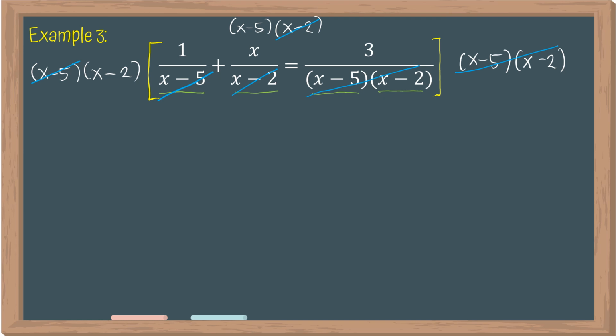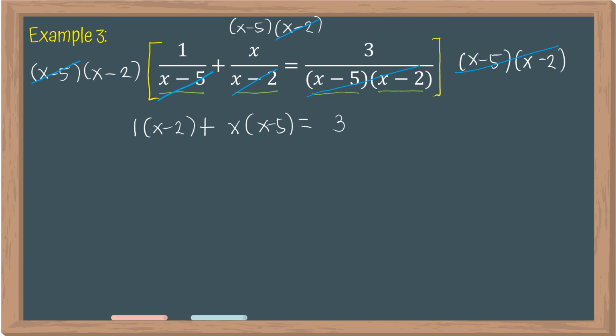Next, simplifying this further, we have 1 times x minus 2 for the first term, copy the plus sign, and then we have x times what's left, which is x minus 5, for the second term, is equal to, for the right side, just 3 as our value.